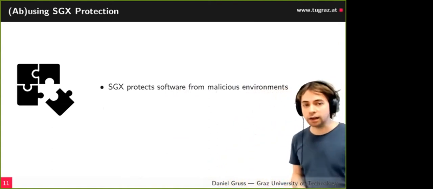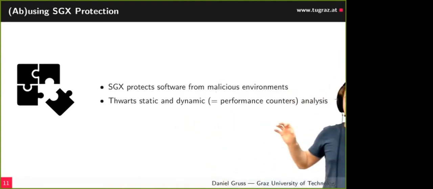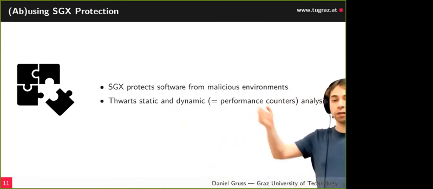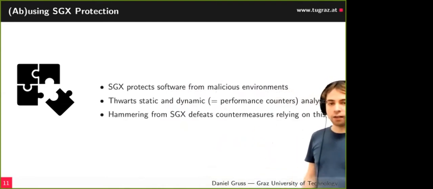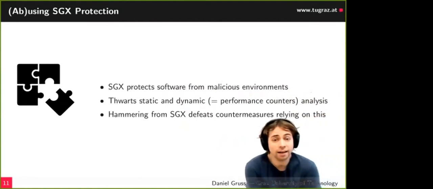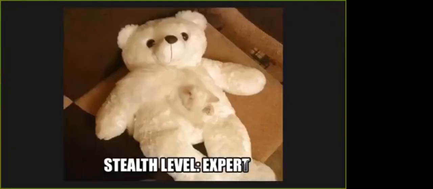And this includes also static and dynamic monitoring, static and dynamic analysis, for instance, with performance counters. So if you hammer from SGX, then countermeasures that rely on detection cannot work. So you basically use the security technique to hide your exploit.